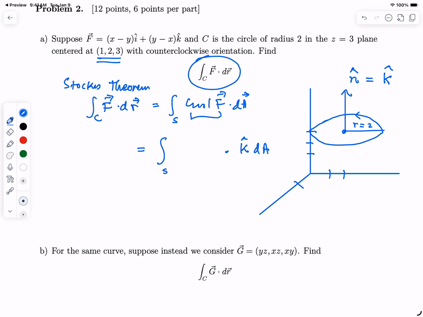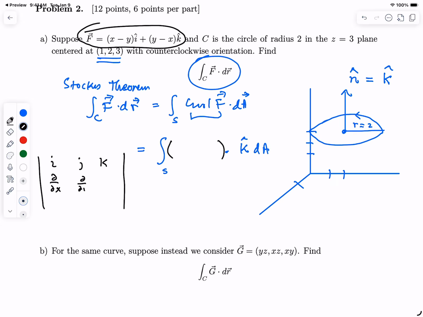What is the curl of the vector field F, which is given by this one? You can compute its curl easily. You write i, j, and k, and partial by partial x, partial by partial y, partial by partial z.